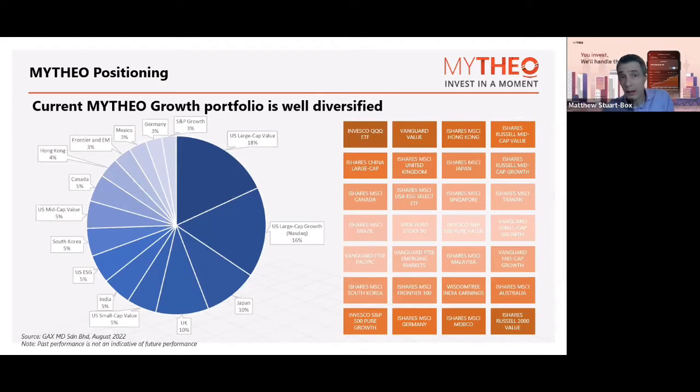And so what our algorithm does is we don't try to predict when each of these is going to outperform, but we do adjust our positions based on the relative risk of those portfolios. And so right now, we're roughly equal in value and growth, maybe just a little bit more value than growth. And that's because based on our algorithm, we're seeing value as having less risk than growth at the moment.